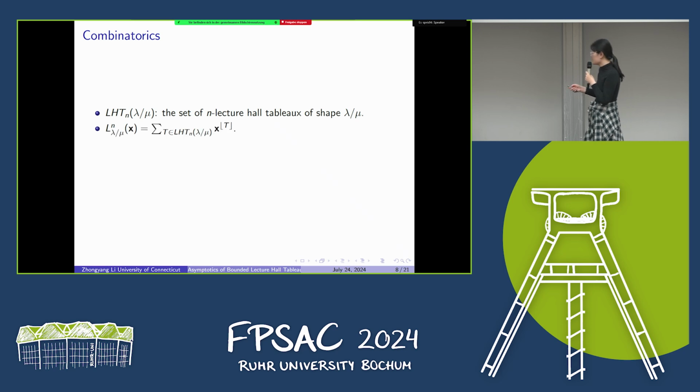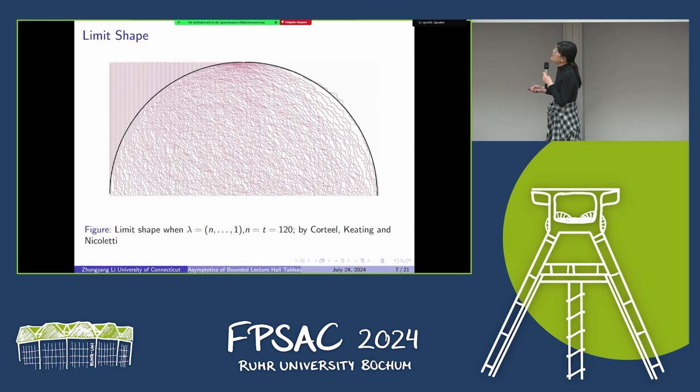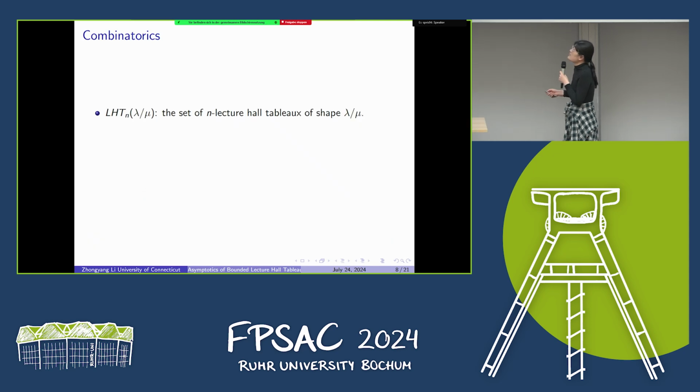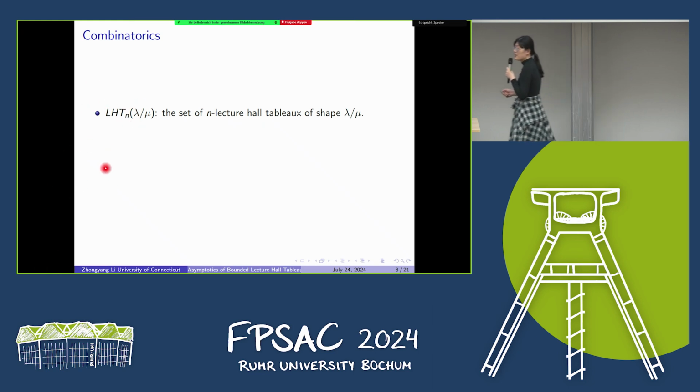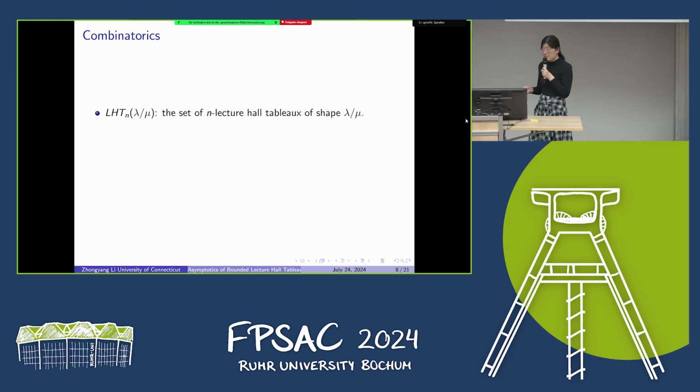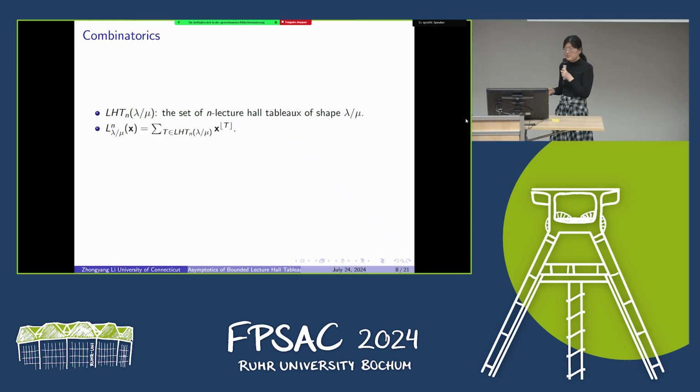Okay, so then people study the combinatorial property of these lecture hall tableaux. We can consider L_n(lambda/mu), the set of all n-lecture hall tableaux of shape lambda over mu, and they define the partition function. So the sum is over all the possible fillings, and T is basically L_ij divided by n plus j minus i.